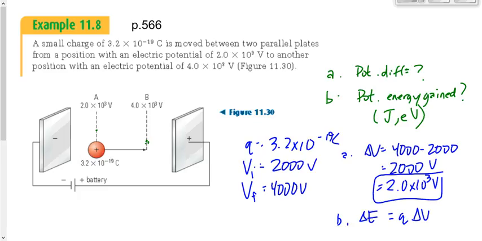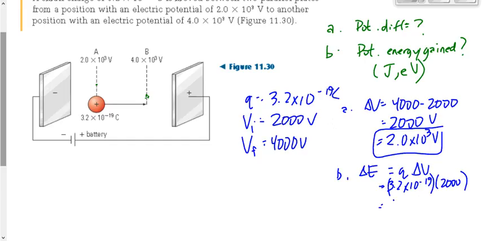Delta V is equal to delta E over Q. Rearrange and solve for delta E. What do I get? 3.2 times 10 to the minus 19 times 2,000. Do the math there, and it should work out to be 6.4 times 10 to the minus 16 joules.